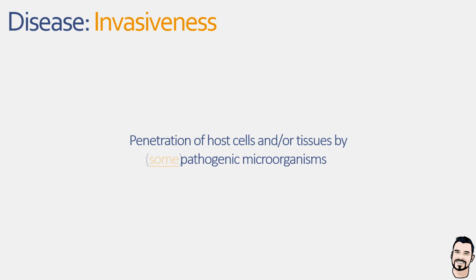Now, it's important to point out only some pathogens do this, and so an example we'll look at is Salmonella, which invades cells of the gastrointestinal tract using its invasive mechanisms, helping it to spread through host tissues and structures, and this is a multi-stage process, as we'll see.